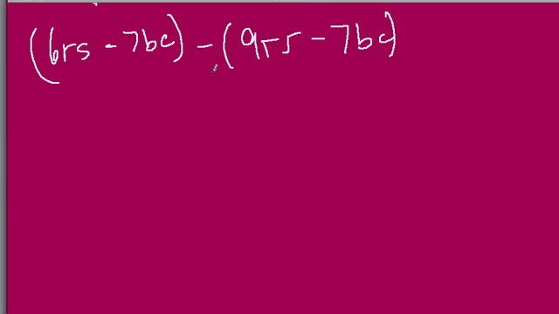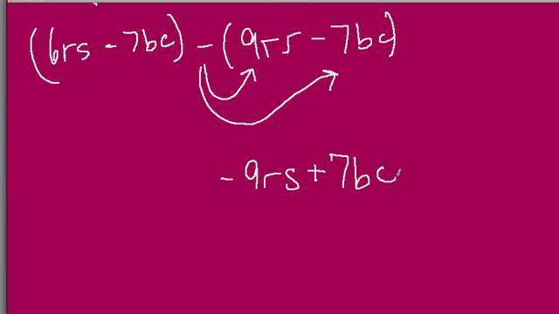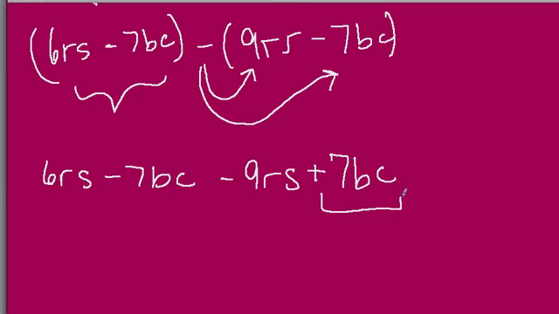So again, my instinct is to subtract these first. And so subtracting 9rs gives me negative 9rs. Subtracting negative 7bc gives me positive 7bc. And then I keep this here, 6rs minus 7bc. Here we can combine the 7bc and the negative 7bc to get 0.